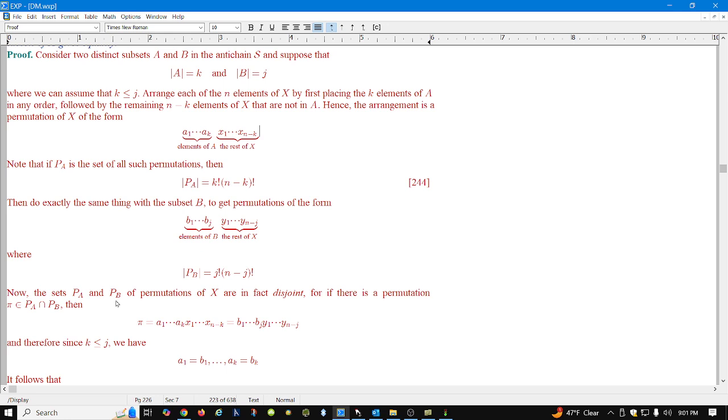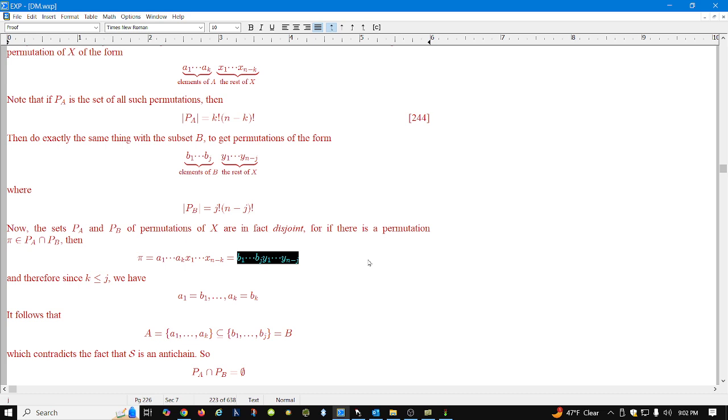Because if there was a permutation, I called it pi, that's in both P sub A and P sub B, it's going to look like this because it's in P sub A, and it's going to look like this because it's in P sub B. The little a's come from capital A, the little b's come from capital B, little x's and y's come from capital X. We're assuming K is less than or equal to J, which we can do. When two permutations are equal, it means corresponding elements are equal.